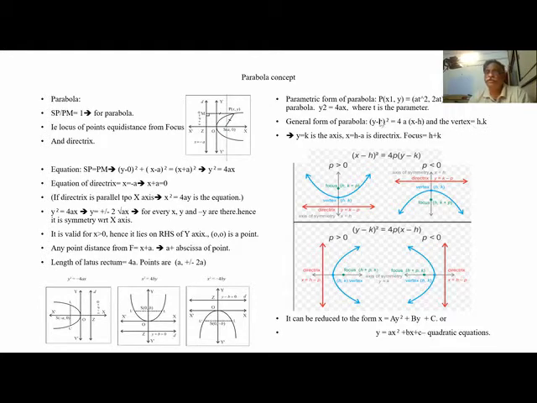If we expand this, we get a quadratic equation, ax square plus bx plus c. When you get a quadratic equation, it has two roots. That is why it cuts at 2 points. Y is equal to k is the axis. X is equal to h minus a.